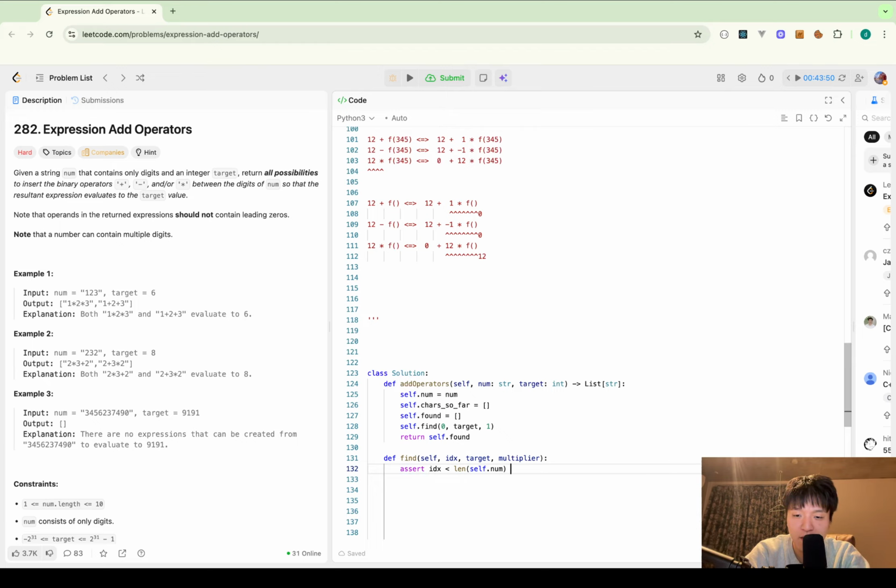That being said, I can choose at least 1 following digit here.